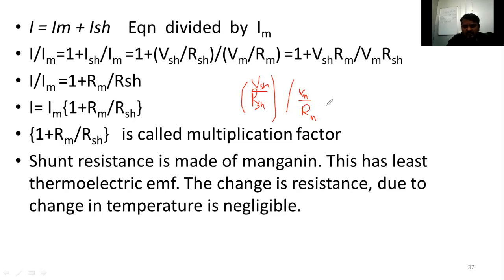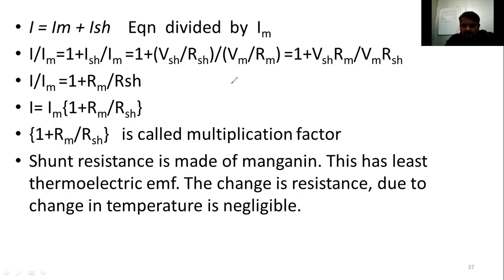This RM I will send into the numerator. It will become VSH into RM divided by RSH into VM. Same equation, 1 I have kept as it is. This VSH into RM here. 1 divided by 1 by 2 is nothing but 2 only, na?